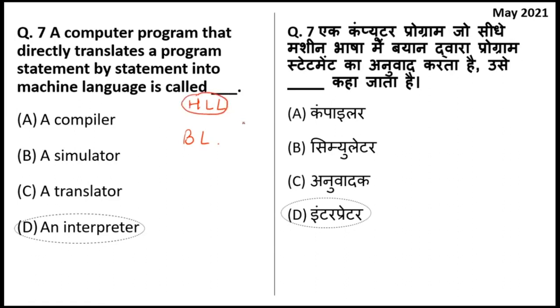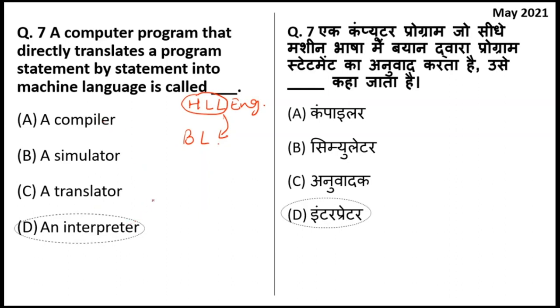This helps you to code. So this English language has to be converted into binary language. The task of conversion from high level language to binary language is done by a translator. There are different types of language translators. There is a compiler, but why is the answer to this question interpreter and not compiler?